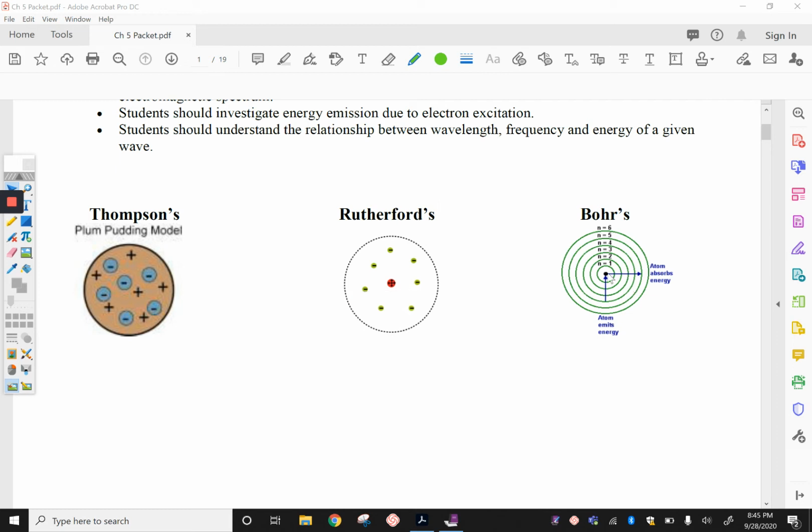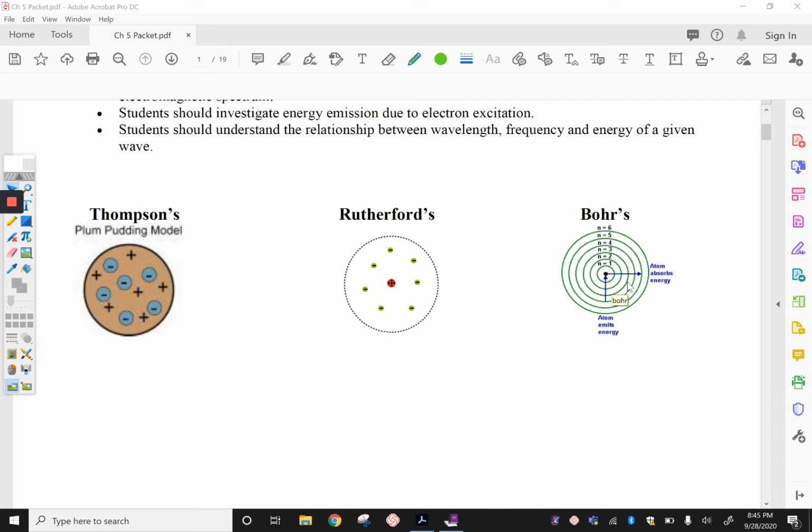Then Niels Bohr came along, and by his time, we had found out that there are also neutrons in the nucleus. So the nucleus is very small and dense still. It has the protons and the neutrons now. And in the empty space around it are the electrons. But this time, Niels Bohr said that electrons are not just randomly there, they are in certain energy levels.